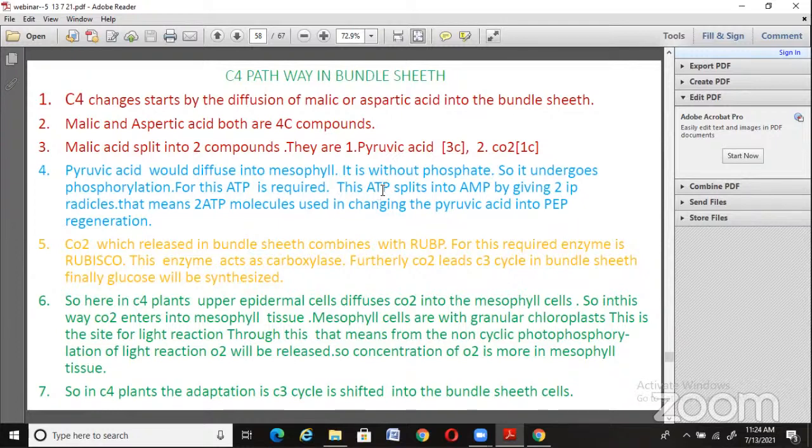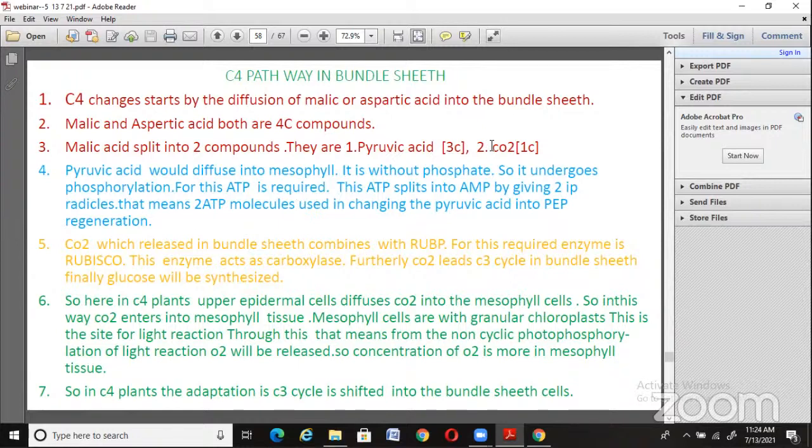So two inorganic phosphate radicals are utilized by the pyruvic acid, which turns into phosphoenol pyruvic acid. Then it diffuses into the mesophyll cell and helps in regenerating oxaloacetic acid and malic acid. With this, the main important change in the bundle sheath is over.